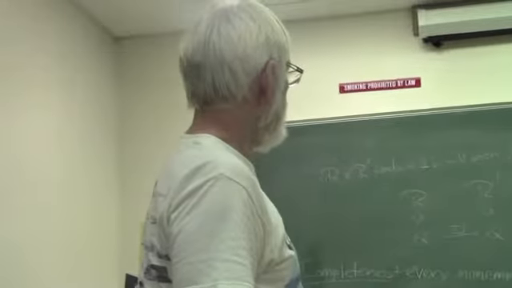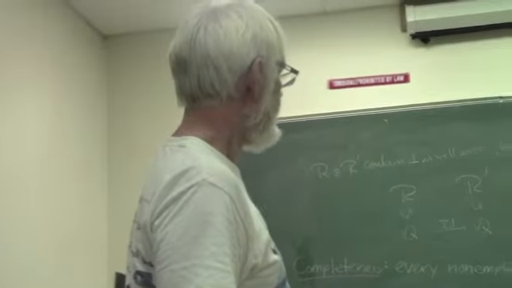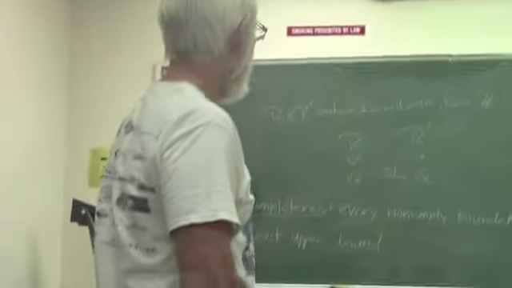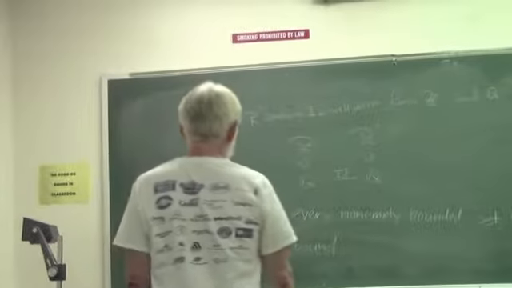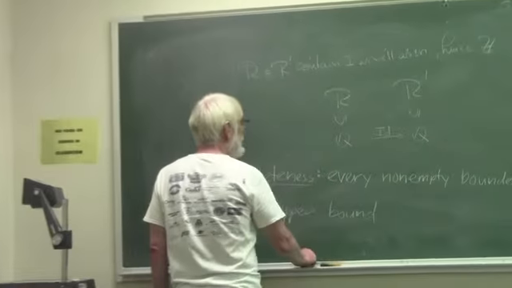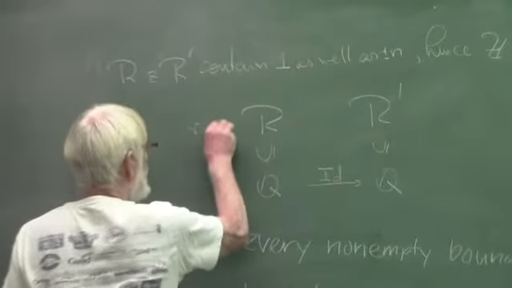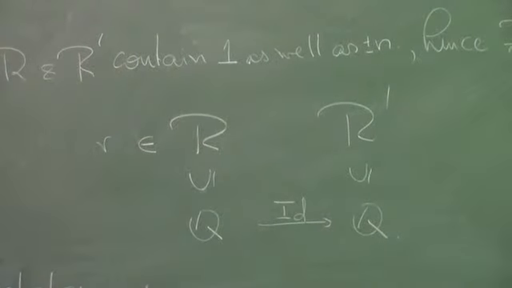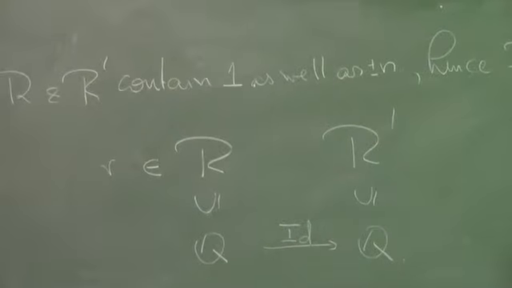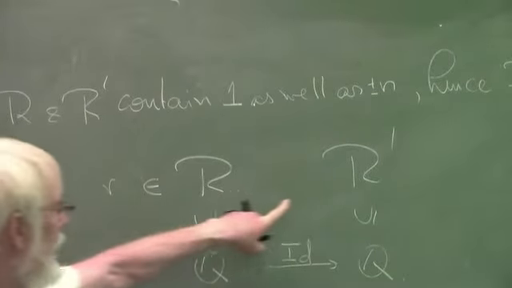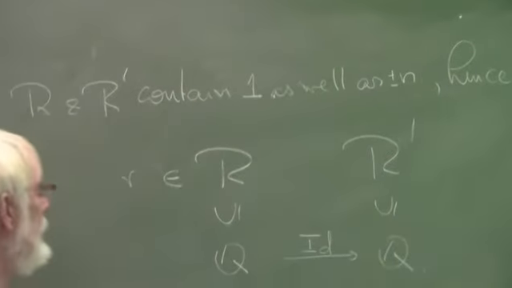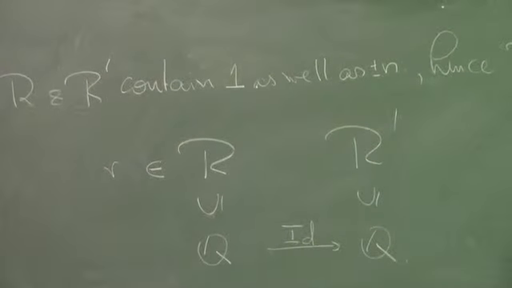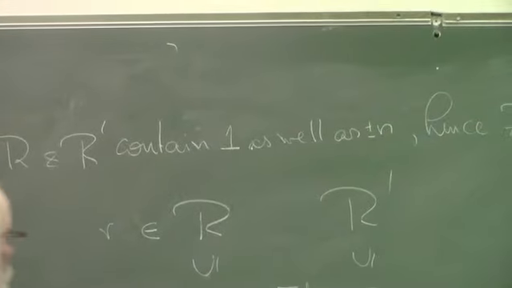So, if I give you any element in here now, we have to map it someplace over there, right? Okay. R prime is a number of R. Yeah, I don't understand.